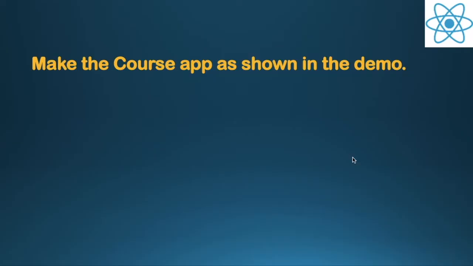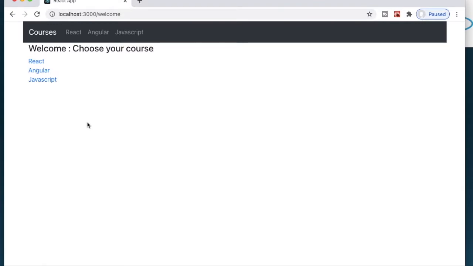Let's look at the next exercise. Make the course app as shown in the demo. So here we have the courses app, and when I click on courses, it just gives me the list of courses, which is React, Angular, and JavaScript. And the same have also been shown in the navbar. And the link redirects to /welcome.